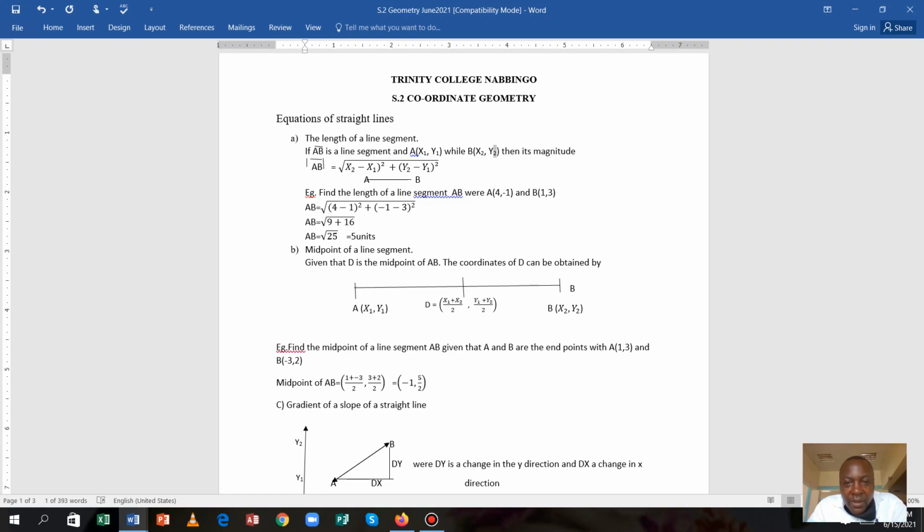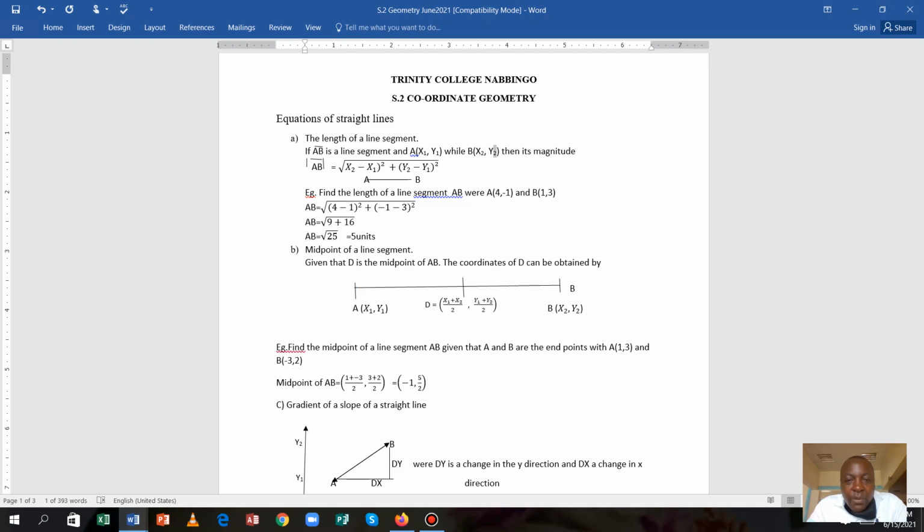In today's lesson, we are focusing on a topic, coordinate geometry, and this goes to all the Form 2s. In coordinate geometry, we shall be looking at different subtopics from pair of coordinates up to when they form a straight line.